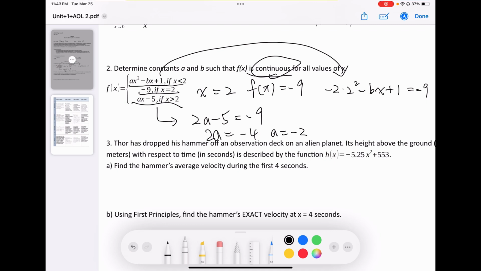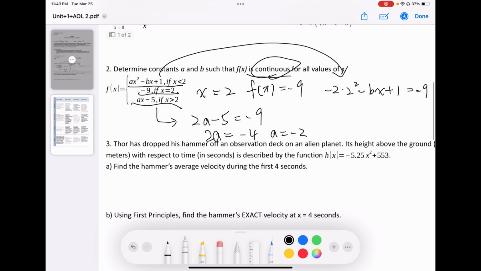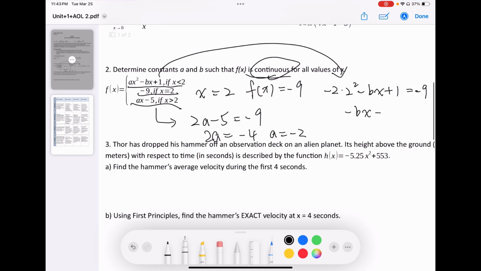So -2 times 2 squared is -8, and -8 plus 1 is -7. Then we move it to the right, so it'll be minus bx equals -2. So x is basically 2, and we get that b is actually 1. So this will be the answer: a equals -2 and b equals 1.